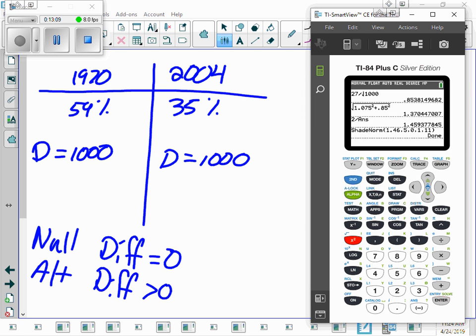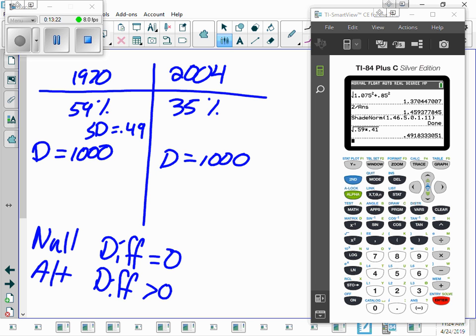So the square root of 0.59 times 0.41 gives me an SD of 0.49. And then the square root of 0.35 times 0.65 gives me an SD of 0.48.